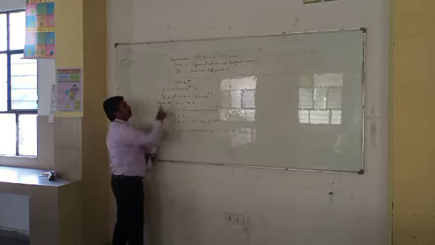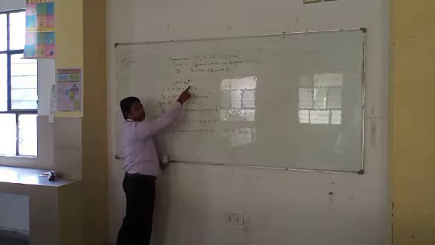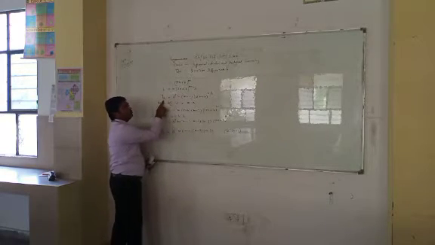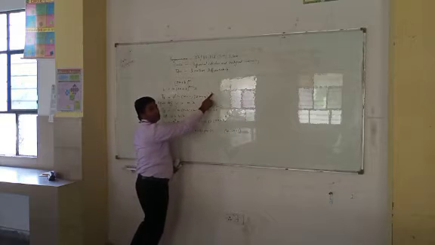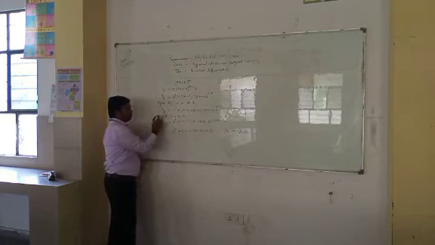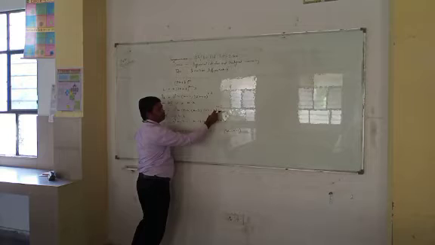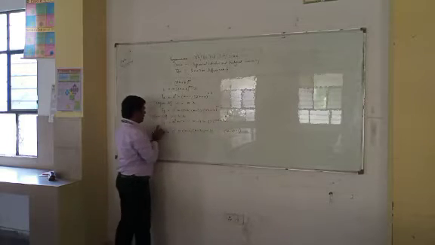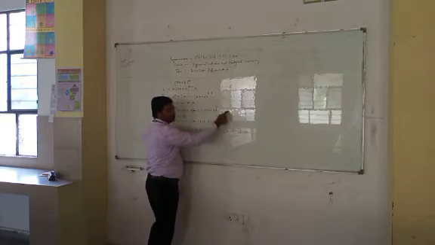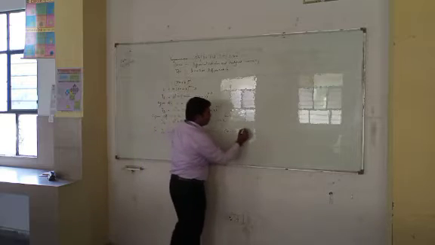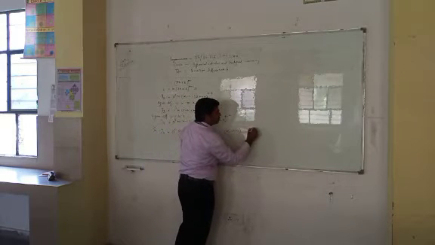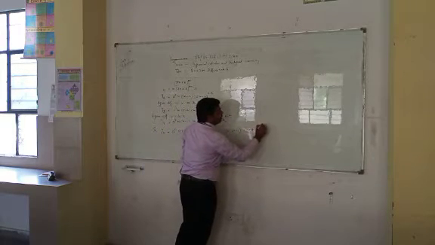And we notice y1 has (ax + b) to the power m minus 1, y2 has (ax + b) to the power m minus 2, y3 has (ax + b) to the power m minus 3, and y4 has (ax + b) to the power m minus 4. So this will be (ax + b) to the power m minus n.